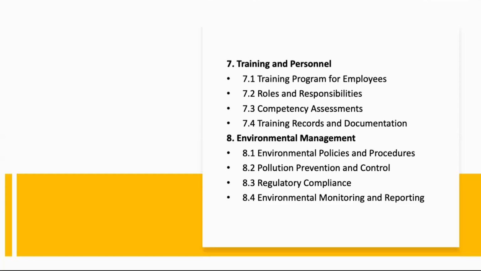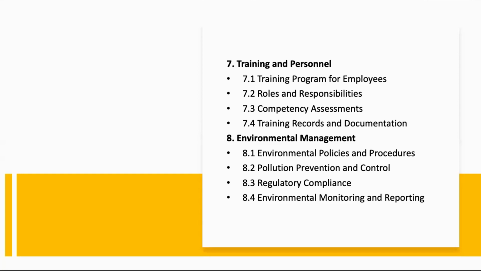In part number 8, you will provide the environmental management procedures, which is very important because your plant is using chemicals, and when the chemicals are developed into some product, they are mixed, and with the process they create environmental hazards. So it is very important to keep the aspects of environmental management intact.